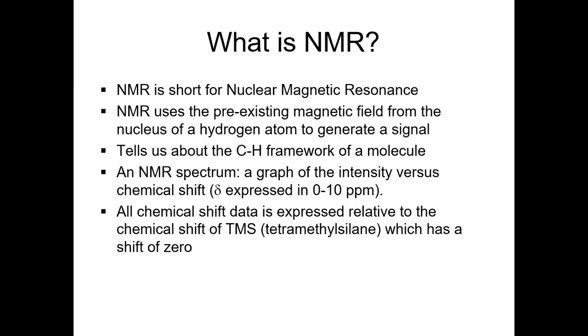I'm going to show you how that works in a second. It also tells us about the carbon-hydrogen framework. But you can do other types of NMR. Today, we're only talking about proton NMR, but you can also do carbon NMR, where you're studying the nucleus of carbon.